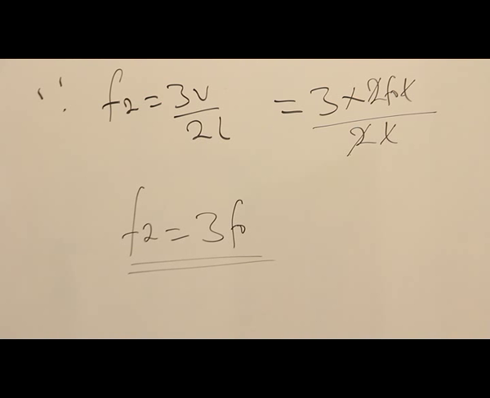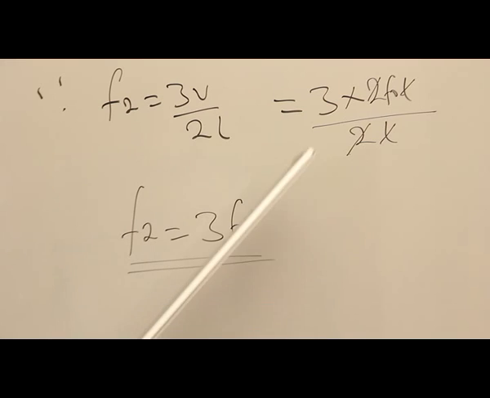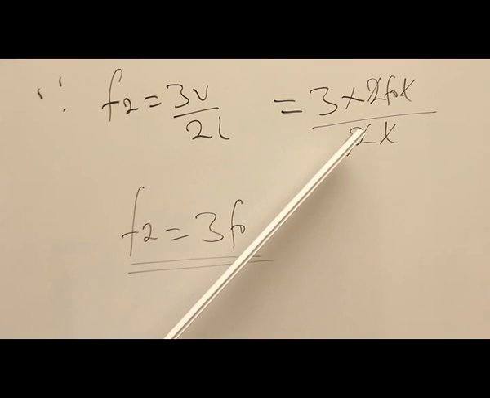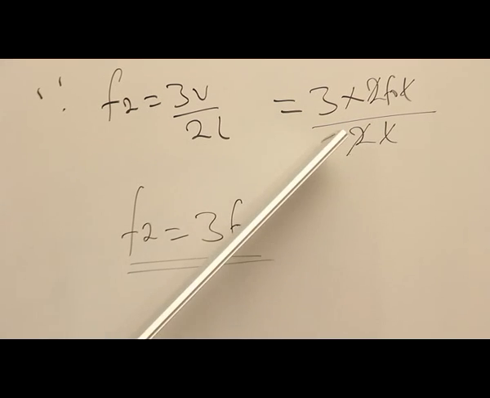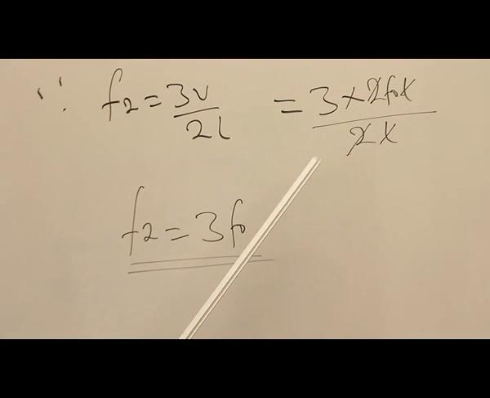Now, substituting the value of V in this equation, we have 3 times 2F0L over 2L. The 2 cancels, and this L will go with this. So we have 3F0. So the second harmonic will be 3F0.